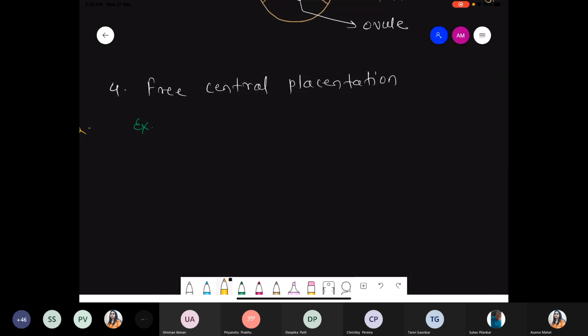First example, primrose. Second example, dianthus. Third one, stellaria. Primrose is the most common, which will be asked so many times.